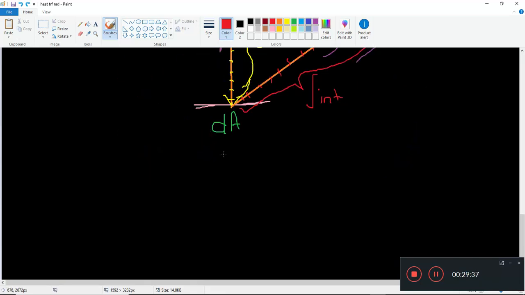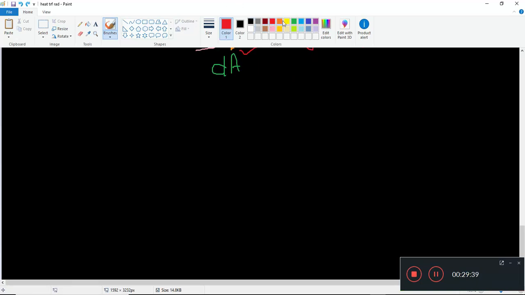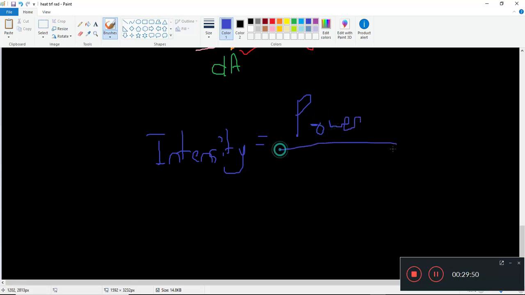Remember what intensity was: intensity equals power per unit area, or normal area, per unit solid angle.